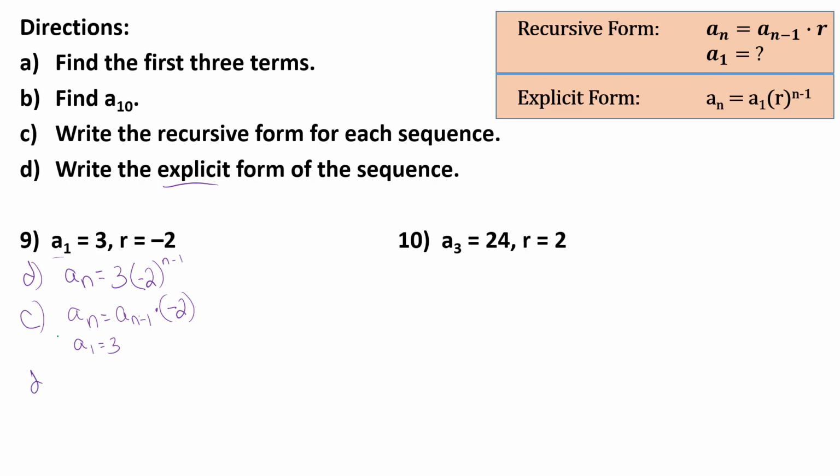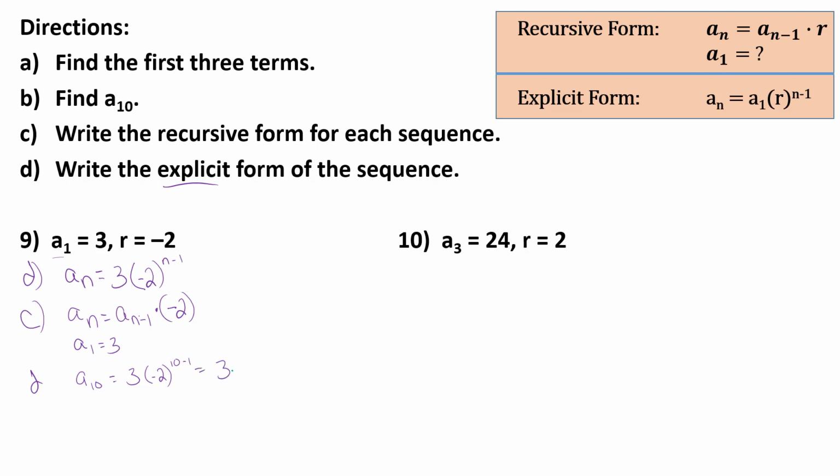All right, let's go on to D. And D, I said I like the explicit form formula for being able to solve because we can say a sub 10 is equal to a sub 1 times negative 2 raised to the 10 minus first power.